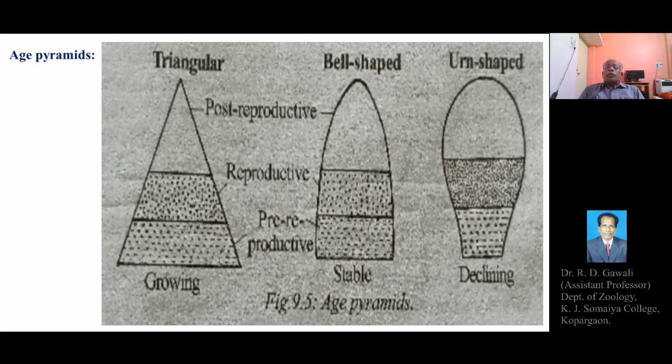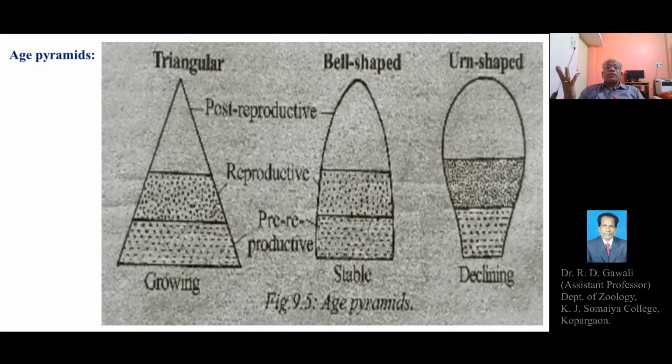Then the individuals of the reproductive age group are also large in number, and this indicates the population is growing. The triangular age pyramid also means there is a small number of individuals in the post-reproductive age group, or old age, and that's why the triangular age pyramid indicates the population is growing.